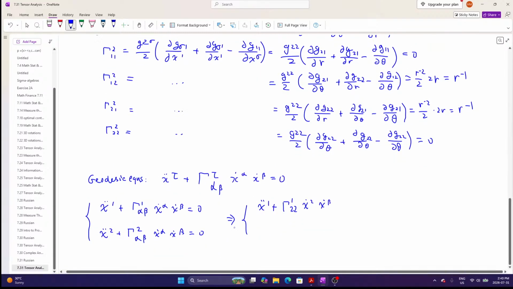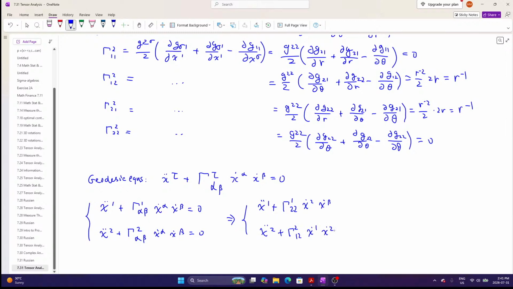The next equation. So you got x double dot r plus gamma 2 alpha beta. Remember, gamma 2 alpha beta for all alpha and beta has 2 non-zero terms. So it should be gamma 2 1 2 x dot 1 x dot 2 plus big gamma 2 2 1 x dot 2 x dot 1 equals 0.